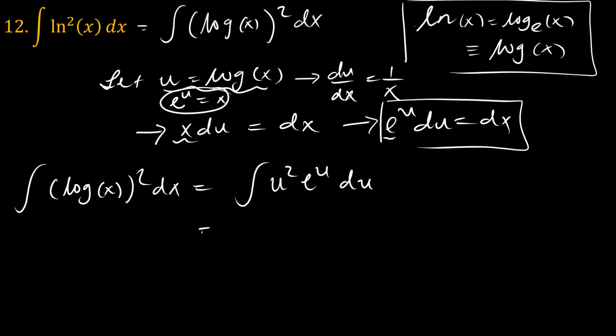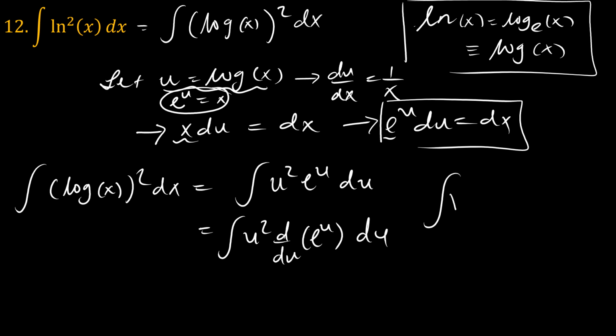Now, integrating this, I could also re-express this as that, and then we're going to use integration by parts. And what does integration by parts say? Integration by parts says that if you have an integral of a product of a function u and the derivative of a function v, that's the same as uv minus the integral of v times the derivative of function u.